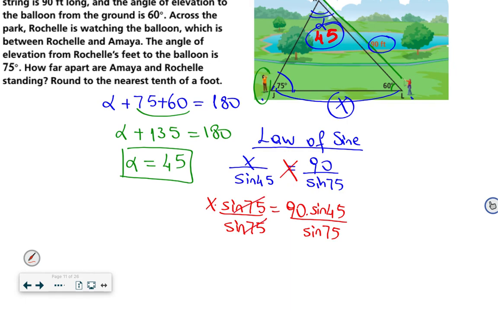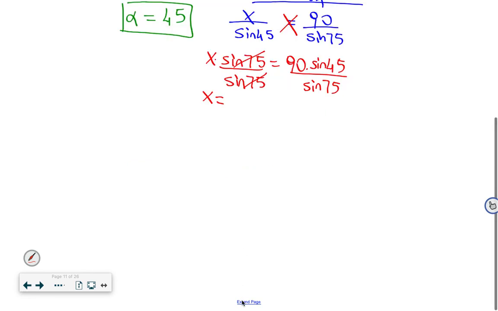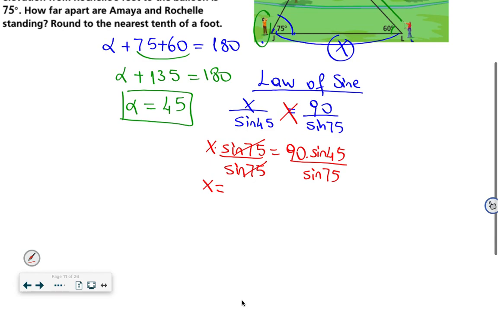Then you will get x is equal to 90 times sine 45 over sine 75.